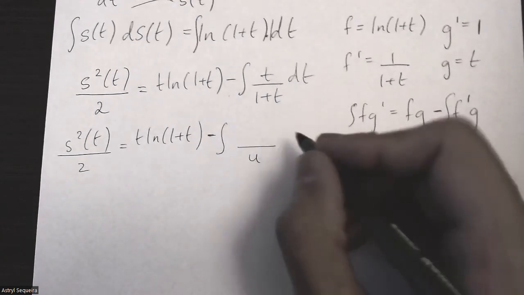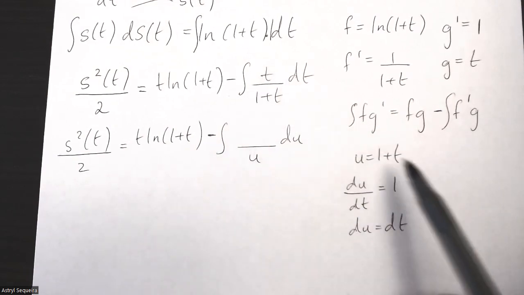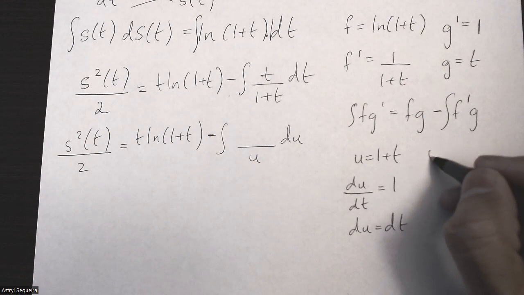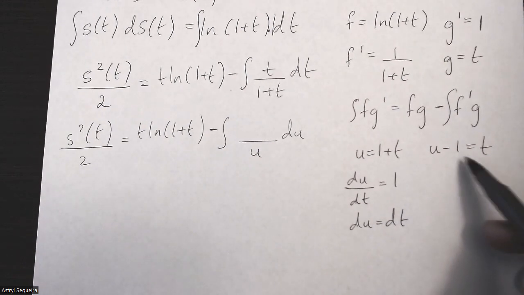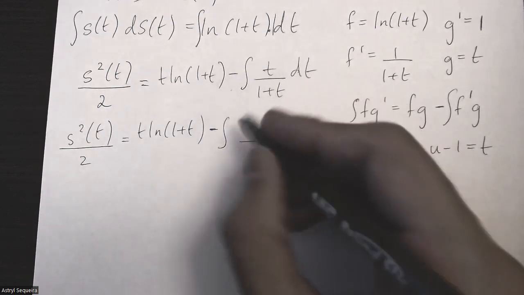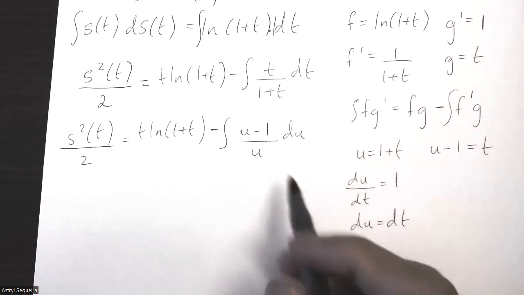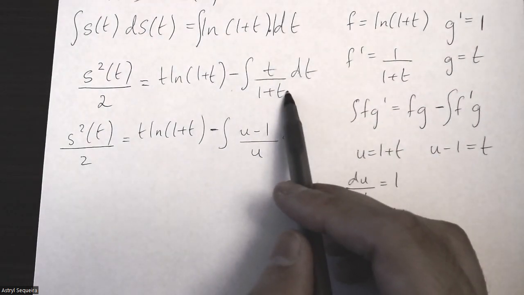I can replace the dt with the du, but I also have to replace this t. So I'm going to isolate t in this equation. u minus 1 equals t. Now I'm going to sub u minus 1 for my t over here. Now I can integrate this equation over here. It's a lot easier to integrate than this one.